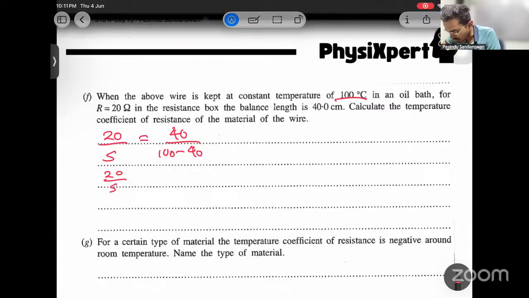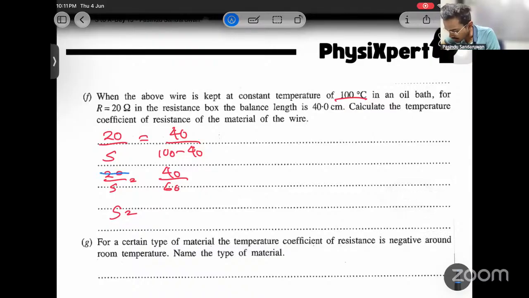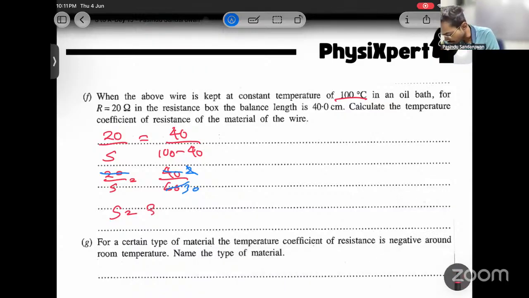Then 20 over S equals 40 over 60. Simplify: S equals 20 times 3 over 2, which is 30. S equals 30 ohms.